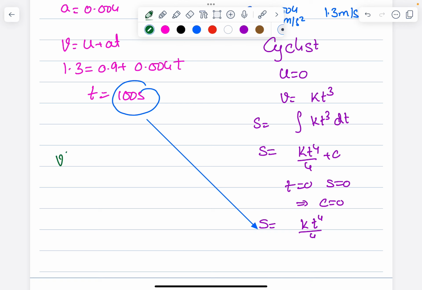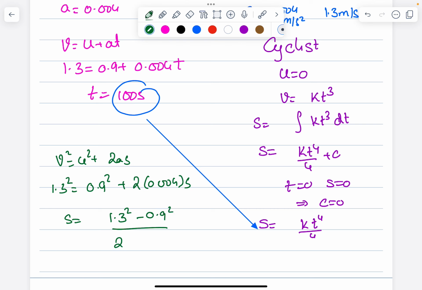So v squared equals u squared plus 2as. So 1.3 squared equals 0.9 squared plus 2 times 0.004 times s. This gives me s as 1.3 squared minus 0.9 squared divided by 2 times 0.004. This is going to give me 110 meters.